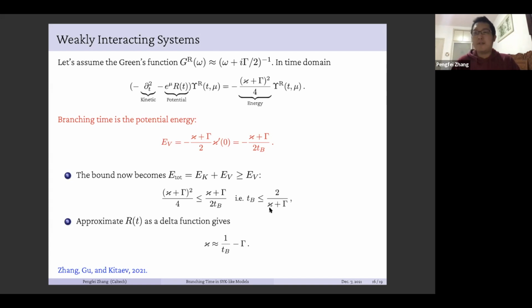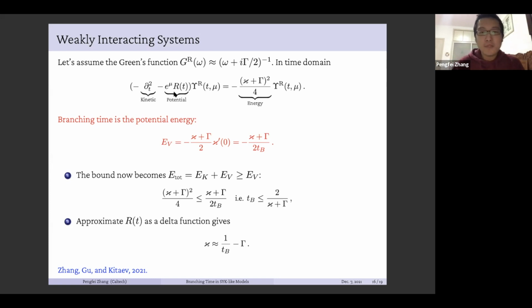This is mainly because when we assume the Green's function takes the following form, which has a simple pole plus some decay rate, we have changed the analytic domain of the retarded Green's function. Now the retarded Green's function is analytic not only on the upper half plane, it's also analytic if the imaginary part of omega is larger than minus i Gamma over 2. As a result, this extends the analytic domain of the retarded Green's function, and it will lead to a tighter bound on the branching time.